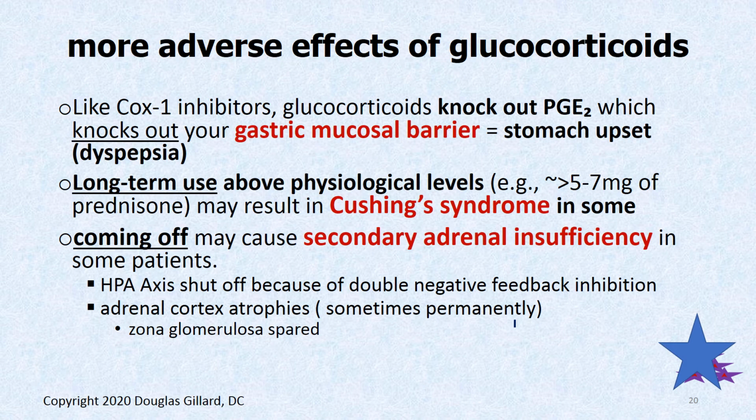More adverse effects of glucocorticoids. Well, we know they, just like COX-1, knock out PGE2, so there goes your gastromucosal barrier. So some people have a very difficult time taking prednisone and things like that for a long time because their stomach can't stand it.